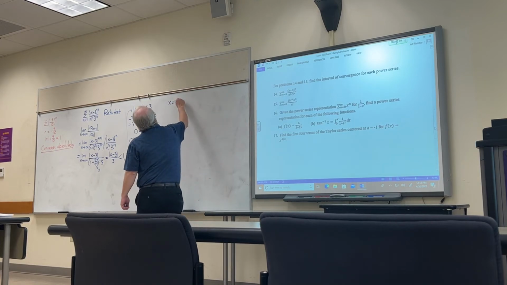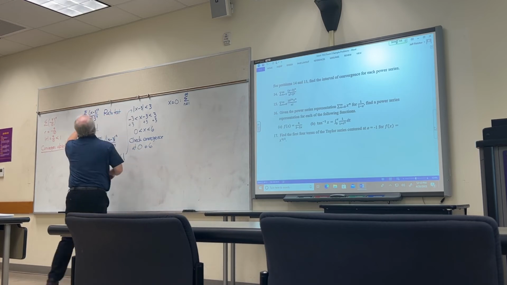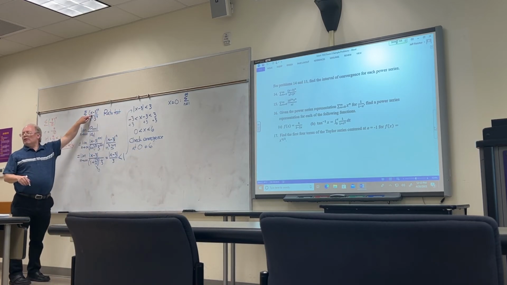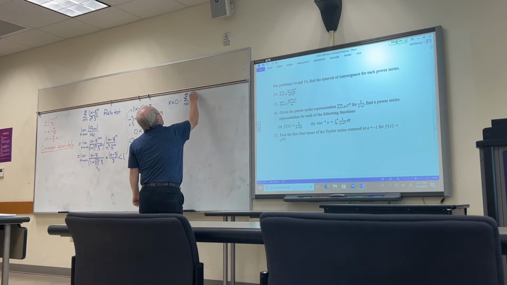So if we plug x equals 0 into the series, what will it become? Well, what's 0 minus 3? Negative 3. So we're going to have negative 3 to the n over n cubed times 3 to the n.